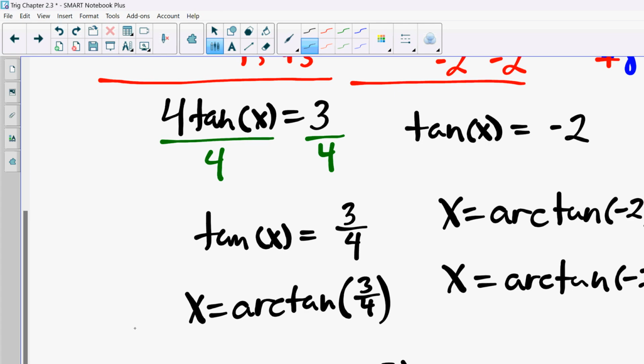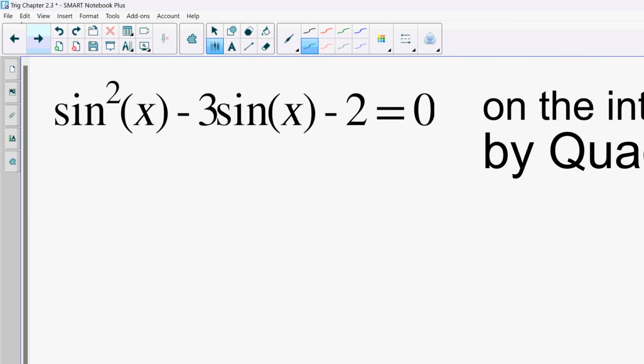Questions on any of this here? This here is the last one we're going to do. This is the last problem we're going to work with, and it's actually not that bad.